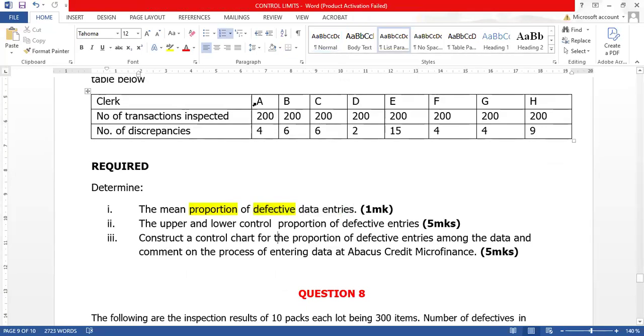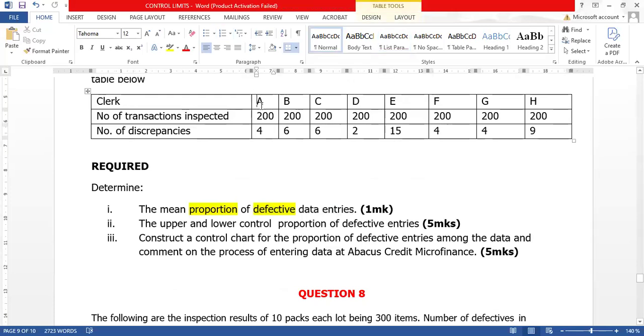So out of, let's say, 200 transactions inspected, what is the proportion of defective data entry? It's 4 out of 200. Proportion is like the percentage of error.